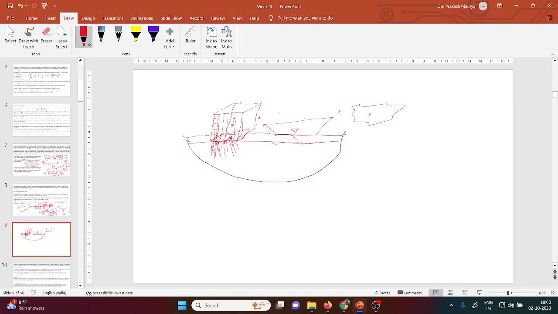I got your doubt. Let's say in the equilibrium condition, your buoyant force acts at the center of the volume that was removed, and your body force acts at the center of your mass, right?